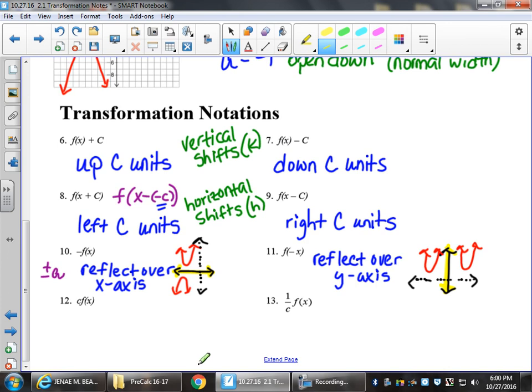Numbers 12 and 13, we also have some familiarity with. We have C on the outside. So this is like saying we have an A value, put it in purple. We have an A value greater than 1.